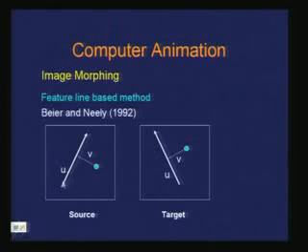So you are saying that this line matches this line, the corresponding line in the target. This is due to Beier and Neely in 1992, and that's where they created the famous morphing clips of Michael Jackson. This appeared in SIGGRAPH 1992.